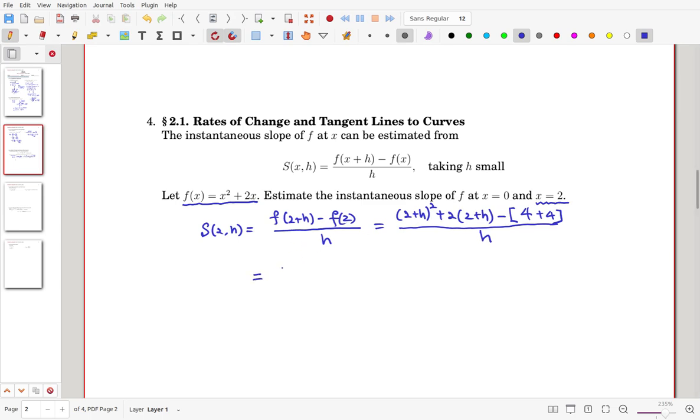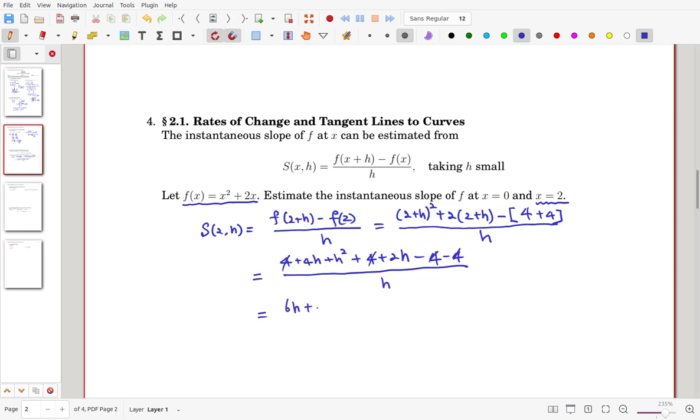That portion is the same as 4 plus 4h plus h squared, and now plus 4 plus 2h, and then minus 4, one more minus 4, and divide by h. So we have the 4s and the 4 minus 4 cancel out. And now 4h and 2h make 6h.